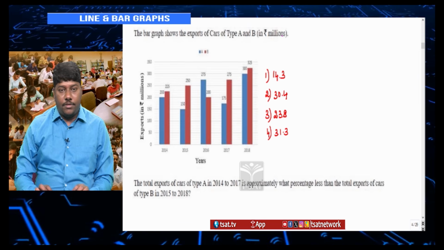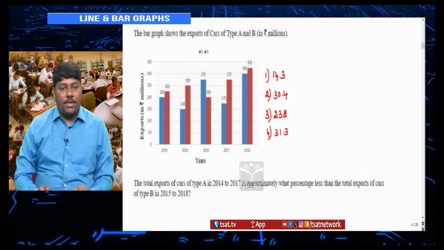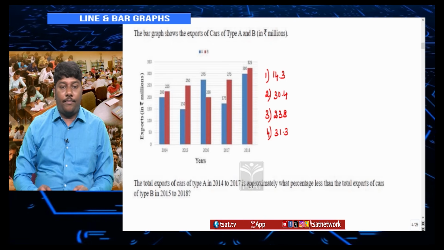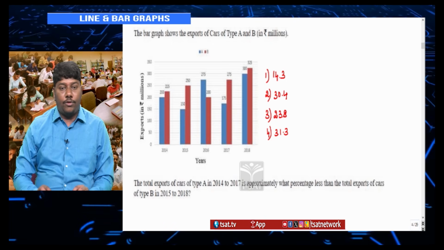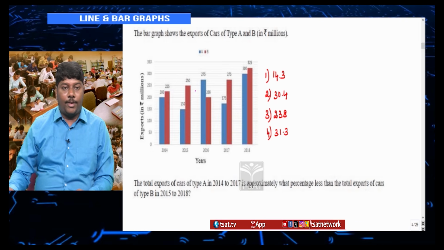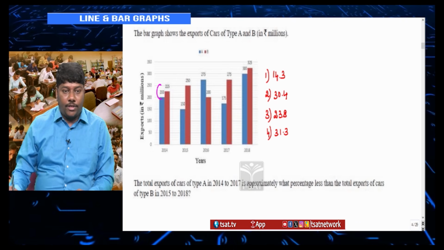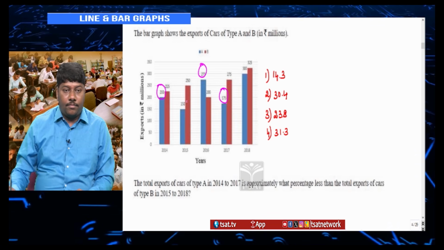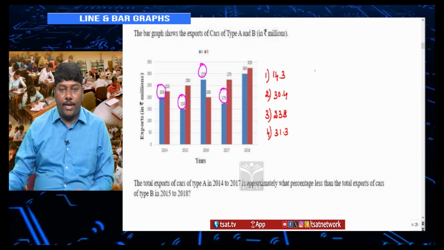The bar graph shows the same graph again. He is asking you the total exports of cars of type A from 2014 to 2017. From 2014 to 2017, type A, we know it is 200. We know this is 450, 600 plus 200, 800.